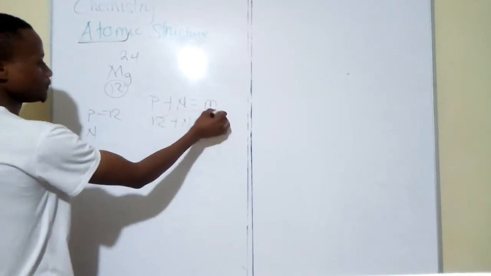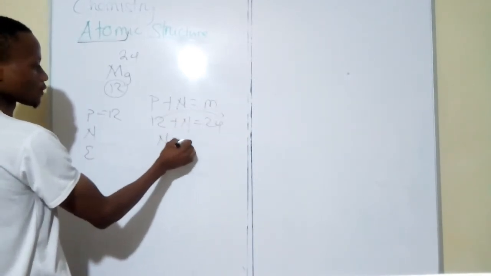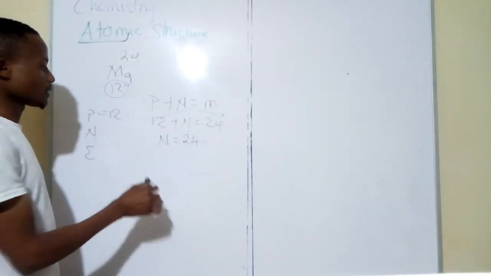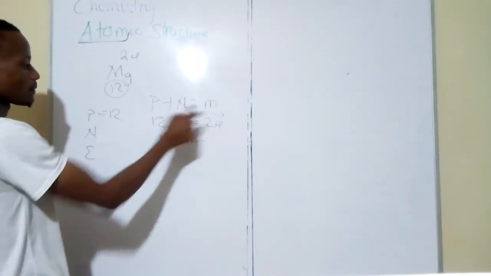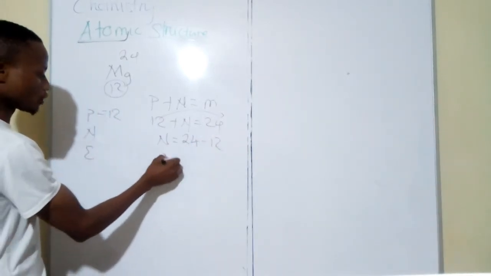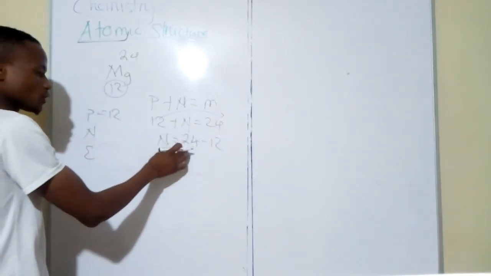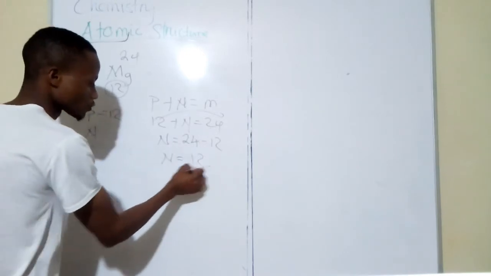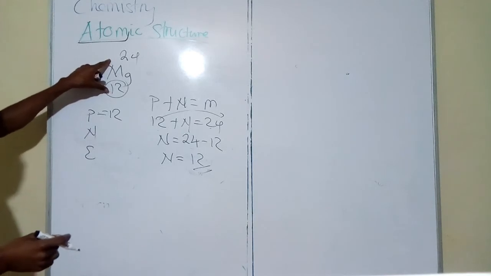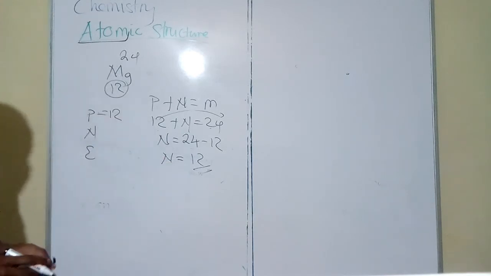Neutrons equals 24. When the 12 goes to that side, it becomes the additive inverse, minus 12. So the neutron number equals 24 minus 12, which is also 12. Therefore, in a magnesium atom, we have 12 neutrons.